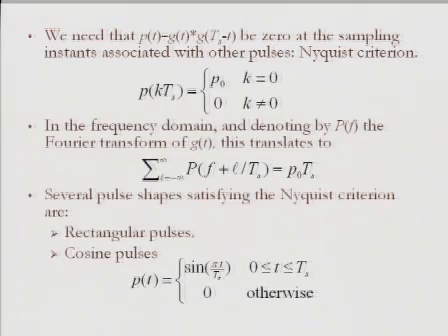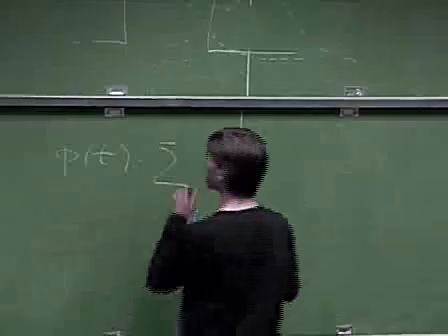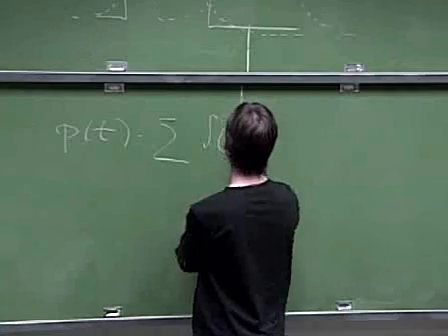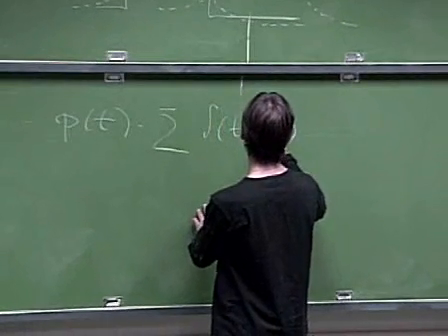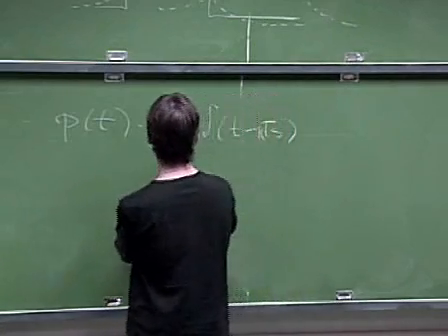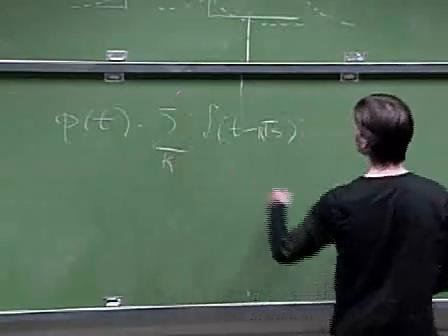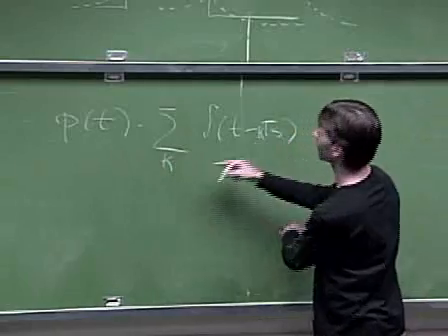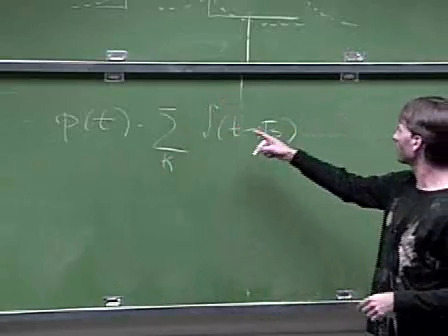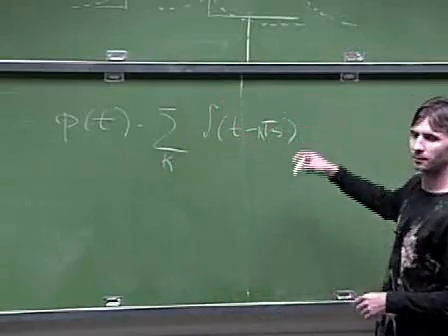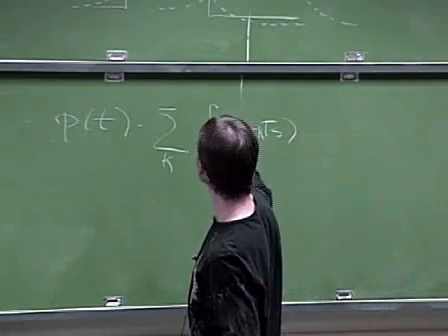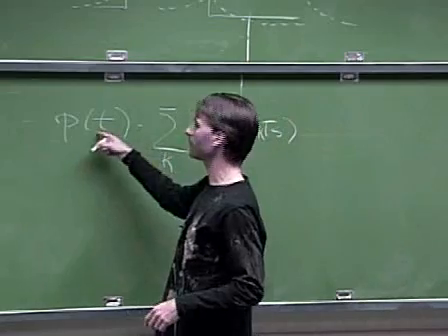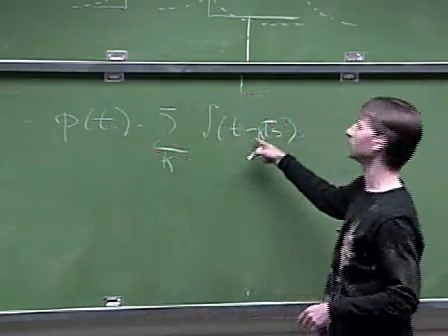and multiply it by an infinite train of pulses, delta of t minus k t sub s, for all k. Okay, so k is an integer, going from minus infinity to plus infinity. So this is a train of unit amplitude impulses, spaced by t sub s. And by multiplying it by p of t, we just sample this p of t at these points.